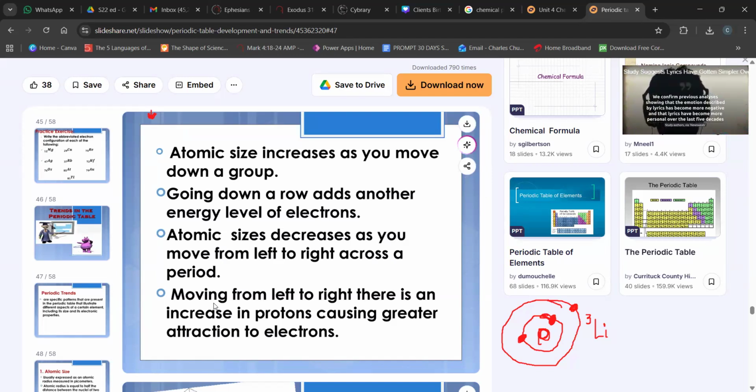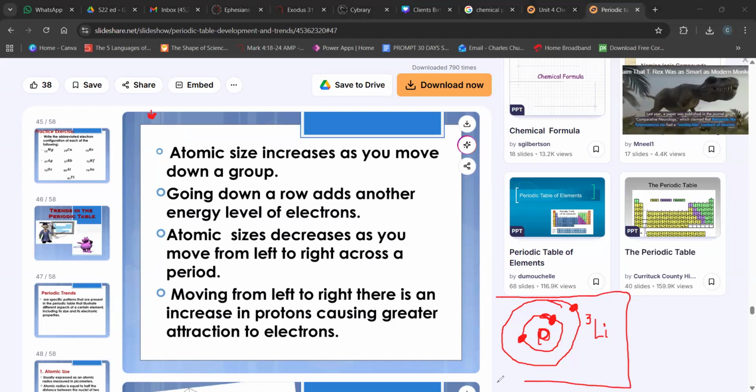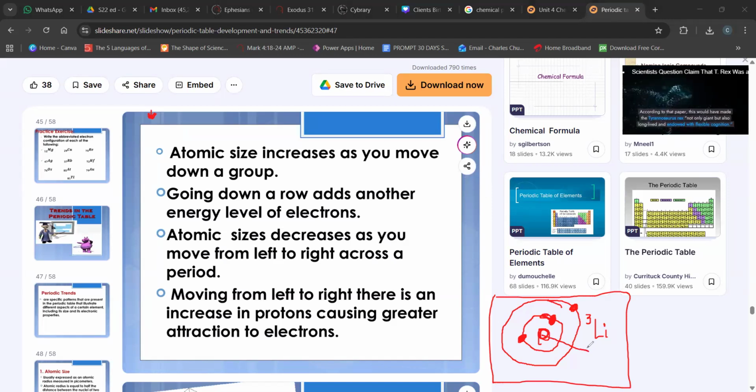I'm trying to see how best I can explain it. Anyway, can you see the sketch I made here of the lithium atom, the one on the right-hand side? In the nucleus, in the center, you have positively charged protons.